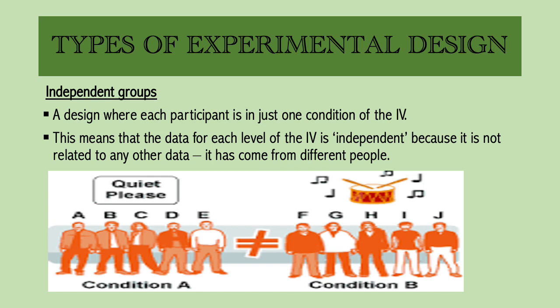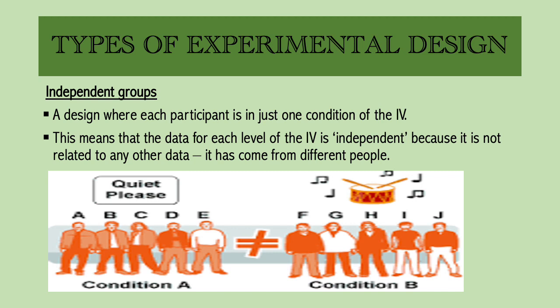Okay. So if you look at the second bullet point there, this means that the data for each level of the IV is independent because it is not related to any other data. It has come from different people. So if you look at a repeated measure, conditions A, B, C are all the same participant. So the data are related to one another because you're using the same participant. But in this case, you're using different participants for different conditions.